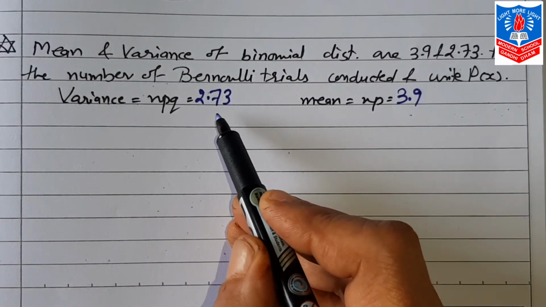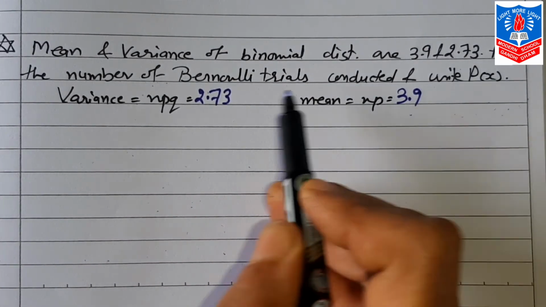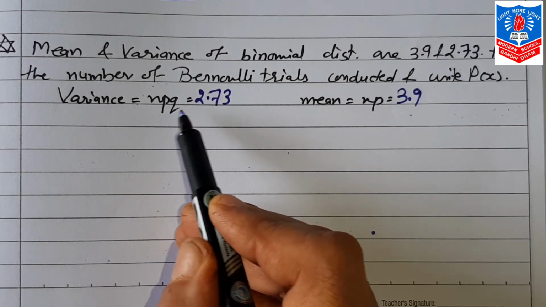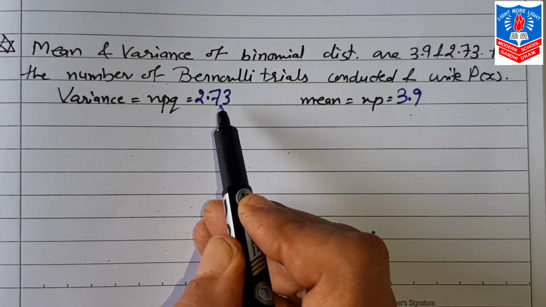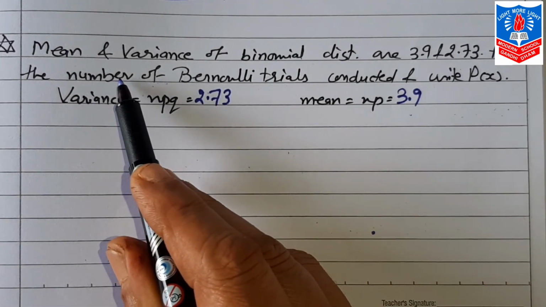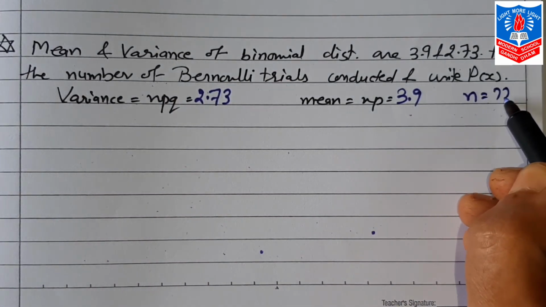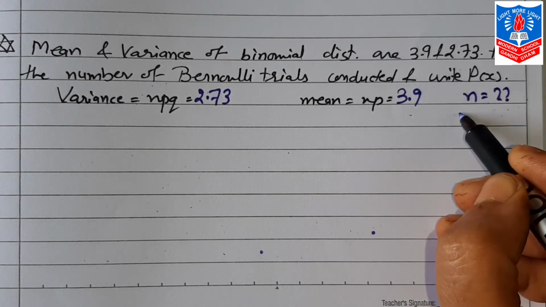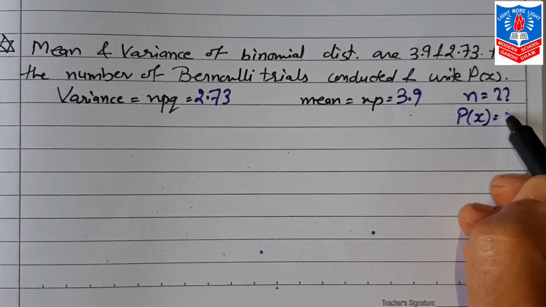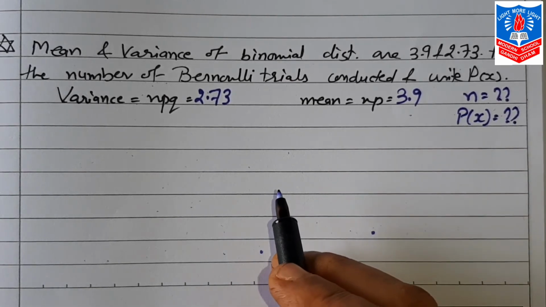So np is 3.9 and npq is 2.73. Now we are supposed to find the number of Bernoulli trials, that is the value of n is missing, and we are also supposed to write what will be P(x).